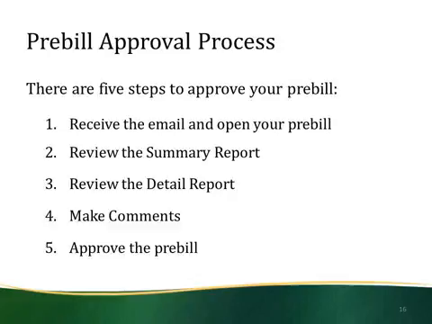Step 2, review the summary report for any issues or items that may need additional research. Step 3, review the detail report for issues or items that may need research. Step 4, make and review any comments that you have for this month's Prebill. And finally, in Step 5, approve your Prebill.